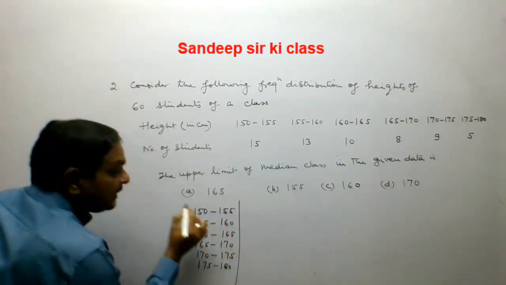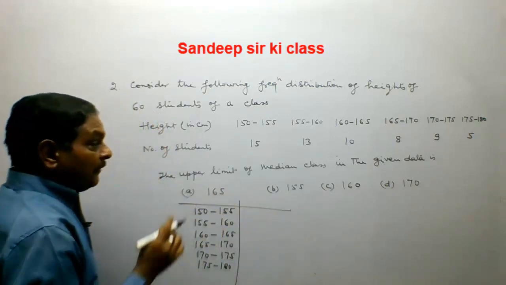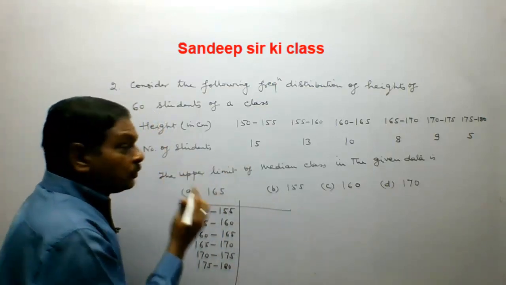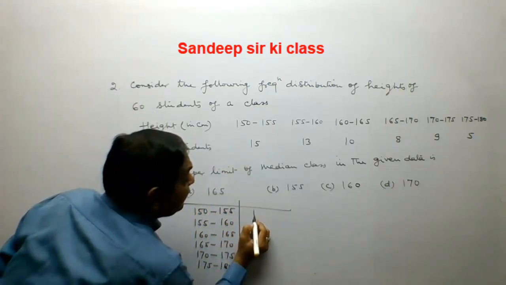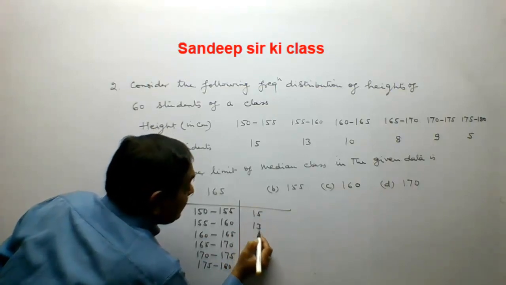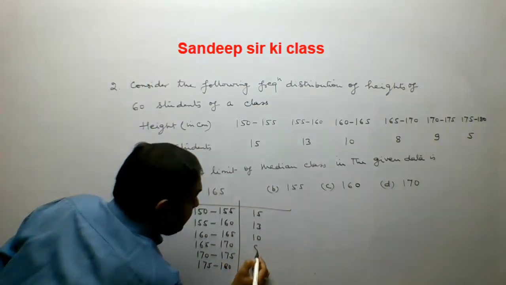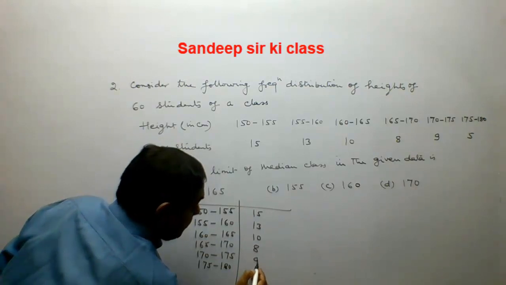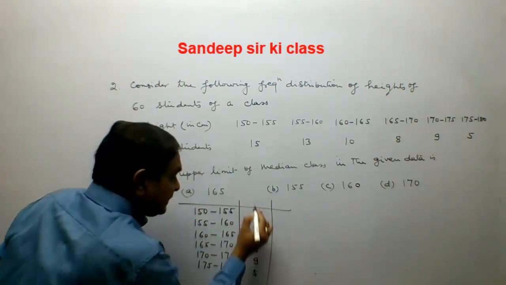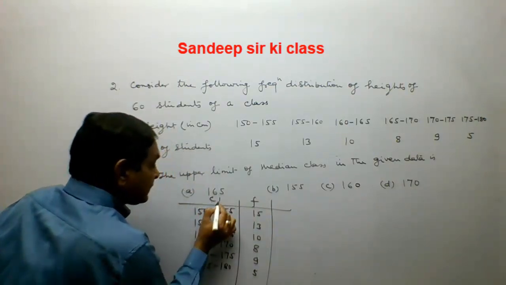These are the class intervals given to us. Frequency, that is number of students, are given as 15, 13, 10, 8, 9, 5. This is our frequency. This is class interval.